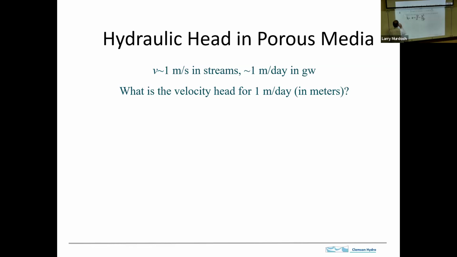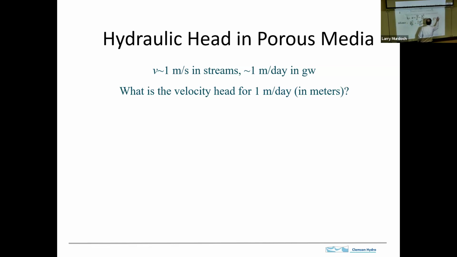So the velocity head, let's just do this for a stream. If the velocity is 1 meter per second, we've got 1 meter squared per second squared over 2g.